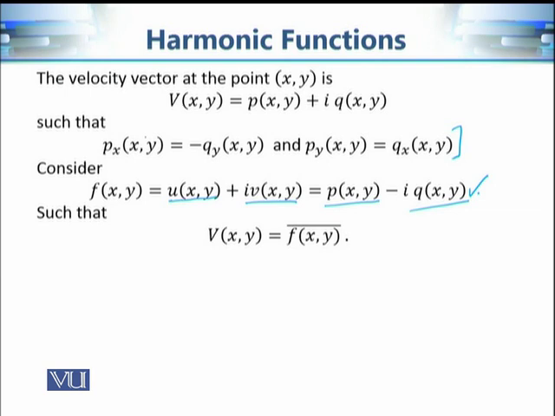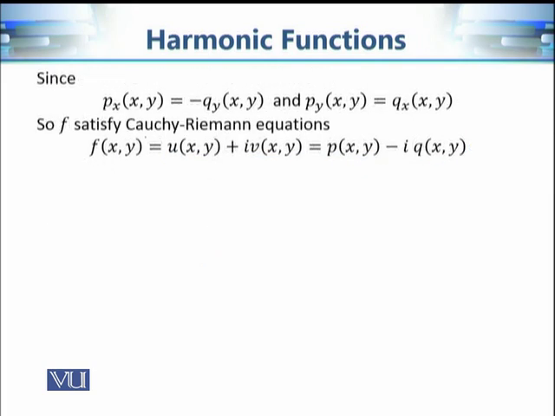The relationship between this new function f of xy and the previous complex valued function v of xy is that v of xy is equal to the conjugate of f of xy. And this f of xy satisfies the following Cauchy-Riemann equations: ux must be equal to vy and uy must be equal to minus vx.